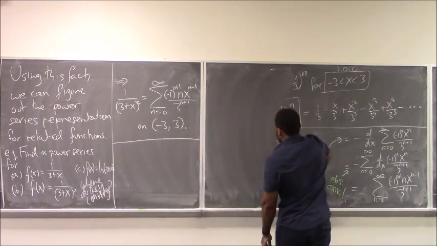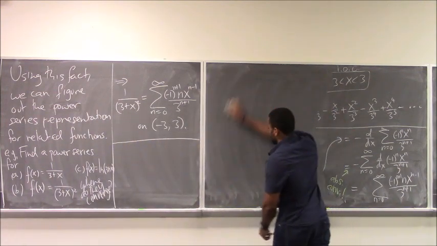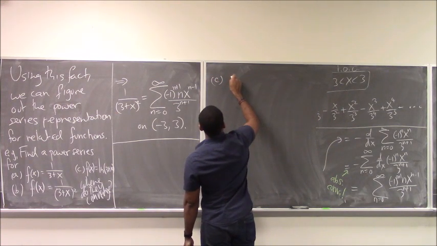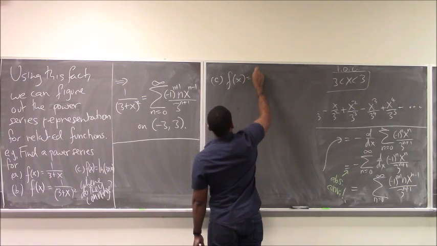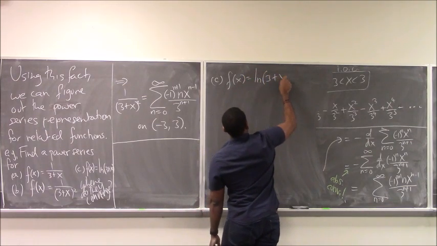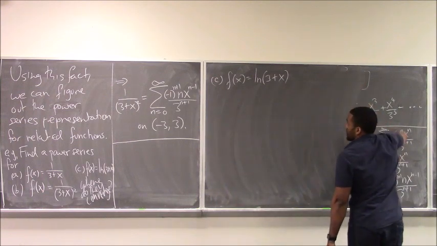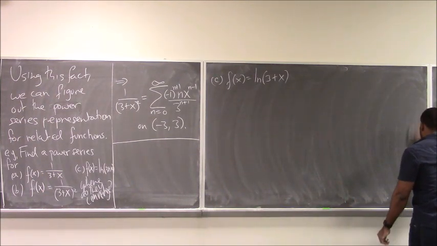Now I think you guys see the game I'm playing now. How would you do C? I have f of x equals ln of 3 plus x. Find a power series for that guy. The integral of the first.